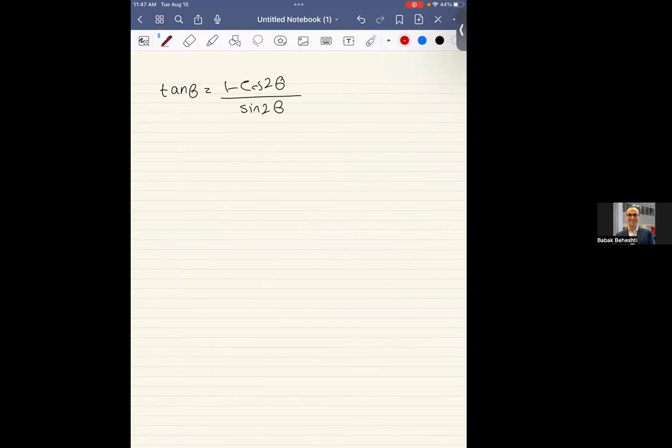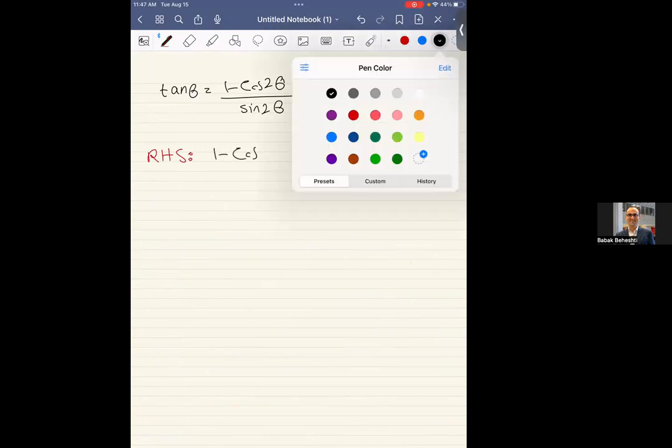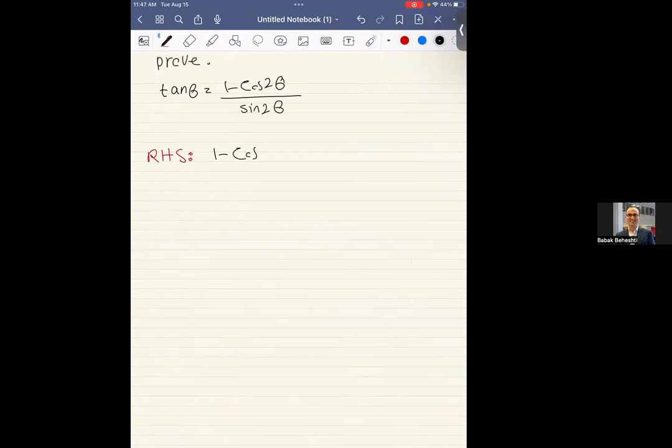So here I begin with the right-hand side: 1 minus cosine 2 theta over sine 2 theta. So what is cosine of 2 theta? Remember what I told you yesterday, let me write it here.